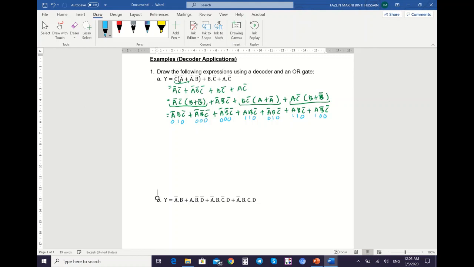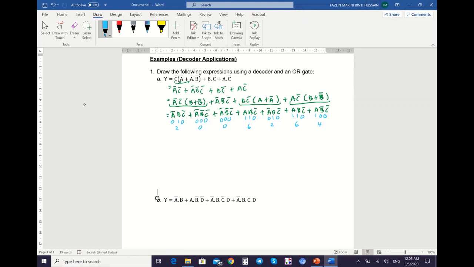This step also you need to be careful, because you might convert using the wrong binary representations. And then you find the decimal value. So 0, 1, 0 is 2, this is 0, this is 6, 2, 6, 4. So there may be repeated decimals, so you just take only one decimal value.